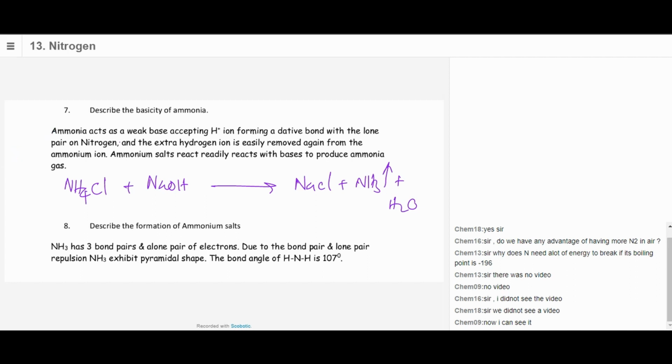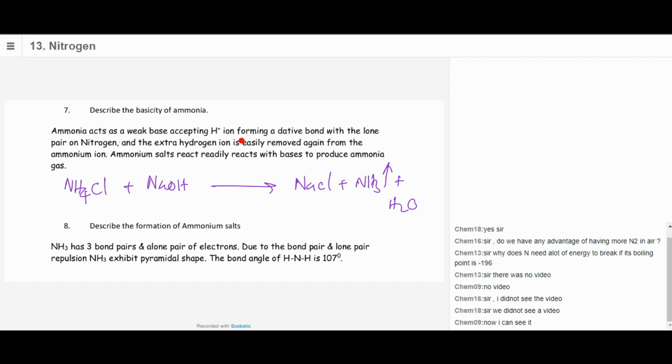Why does nitrogen need a lot of energy to break its bonding, if its boiling point is minus 196? For that question you need to know that in simple covalent molecules, the boiling and melting points are determined by the strength of the intermolecular attraction, not the strength of the bond. We have discussed this under intermolecular forces in the chemical bonding chapter.